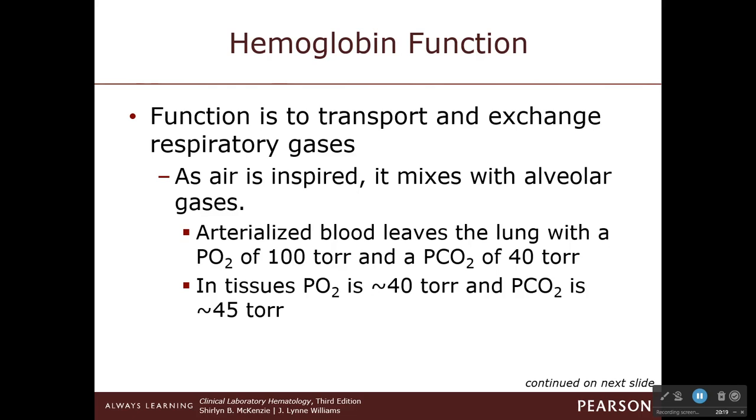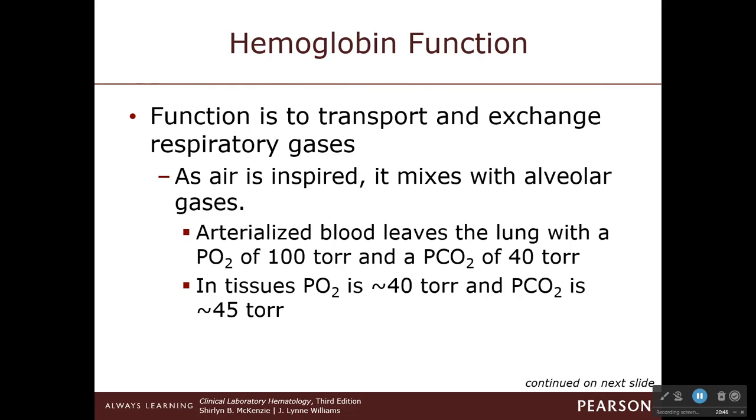Inside here, we know that we have the heme ring. We're just going to call it the ring right now. And inside this ring is where we want our oxygen to get to. So we've got oxygen hanging out here, waiting to get in.